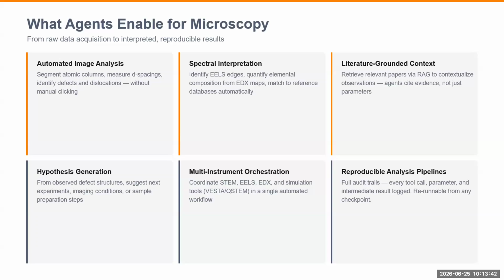And this also allows us to do multi-instrument orchestration. So we can orchestrate the usage of STEM, EELS, EDX, and any simulation tools into a single automated workflow. And this allows us to unlock reproducible analysis pipelines.